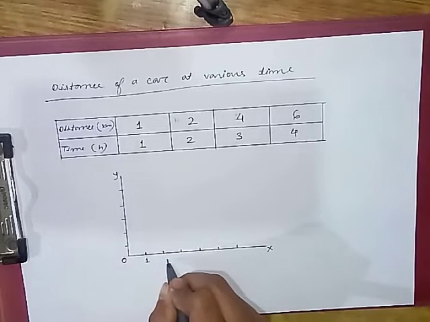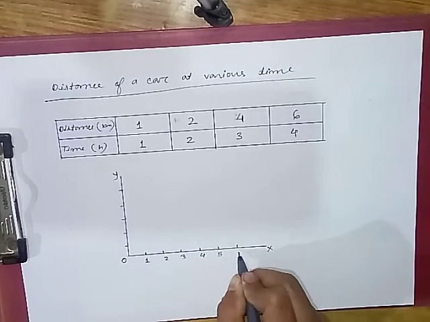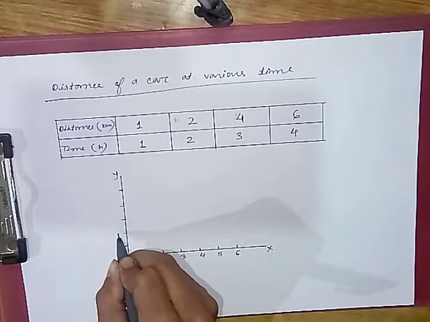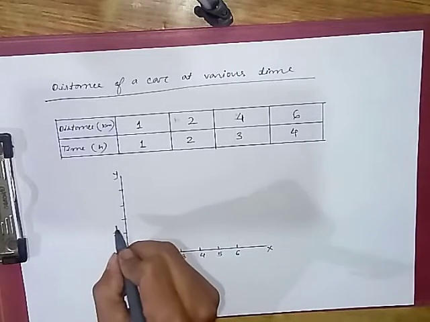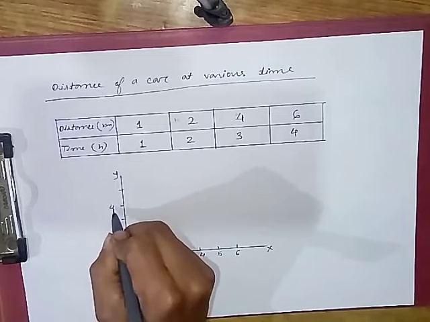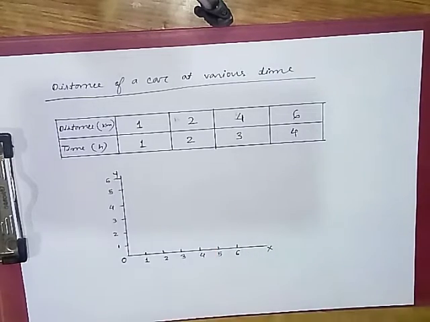This is 1 hour, 2 hour, 3 hour, 4 hour, 5 hour, 6 hour. Here 1 kilometer, 2 kilometer, 3 kilometer, 4 kilometer, 5 kilometer and 6 kilometer.